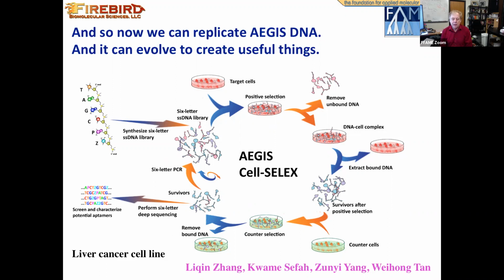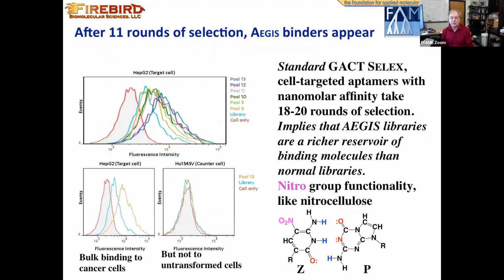And you repeat this. And after about 11 cycles, you start to get binders built out of a 6-letter genetic alphabet. By the way, with standard GACT SELEX with just 4-letter DNA, these cell-targeted aptamers with nanomolar affinity take about 18 to 20 rounds of selection.